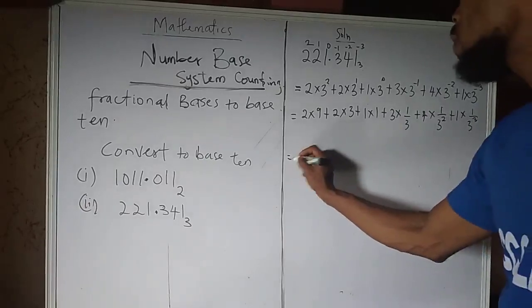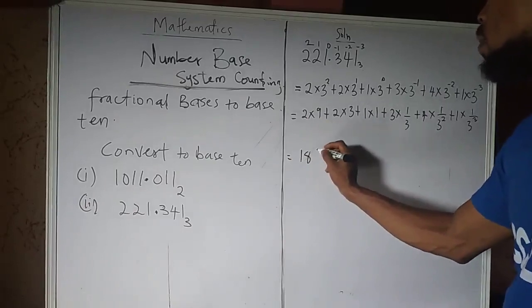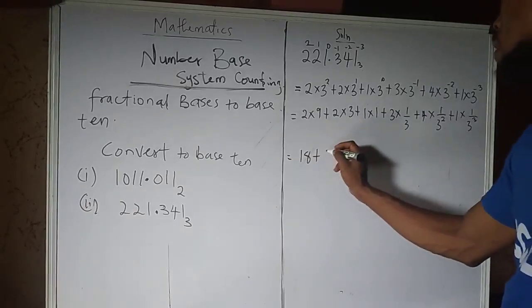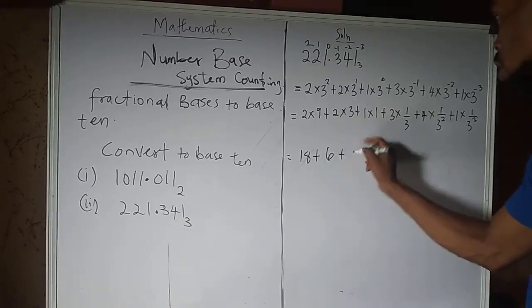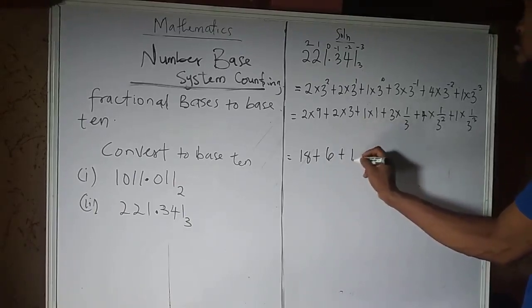Okay, so this becomes 2 times 9 is 18, plus 2 times 3 is 6, plus 1 times 1 here is 1.